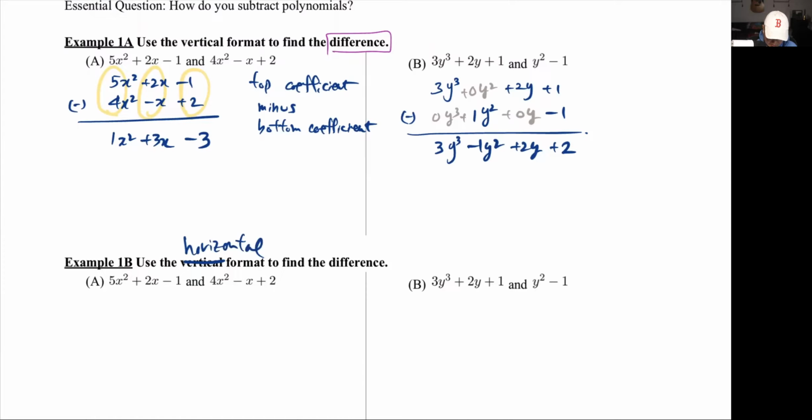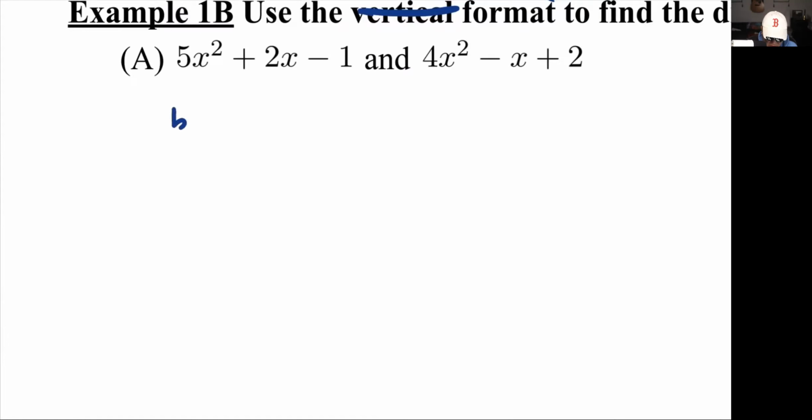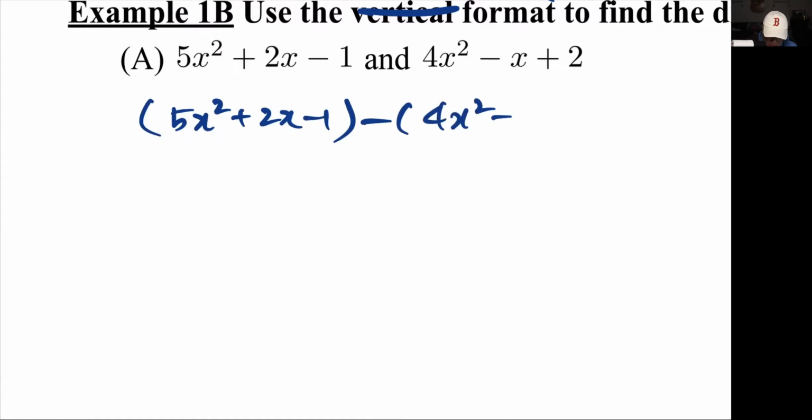All right. Let's do the same exact question in a horizontal fashion. So it's 5x squared plus 2x minus 1 minus 4x squared minus x plus 2. Remember, we are matching the like terms like this.